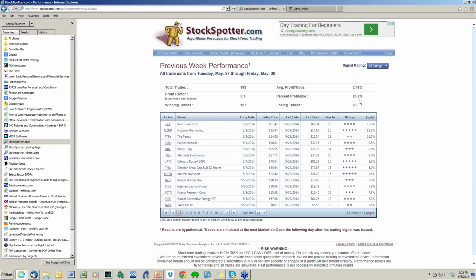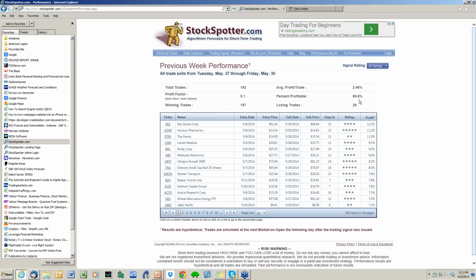In StockSpotter, we guarantee that you're going to be out of a trade in less than 21 days, and our typical holding time is 10 bars or 10 days. So if, instead of buying the underlying stock from our trading selections, you buy an in-the-money call that's 30 to 60 days from maturity, you can consider that purchase of a call going to zero as your stop, but you still possibly recover.